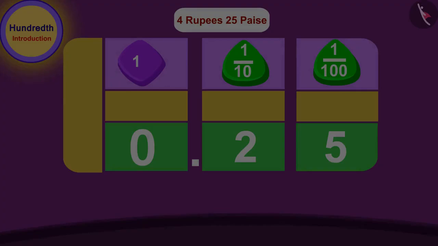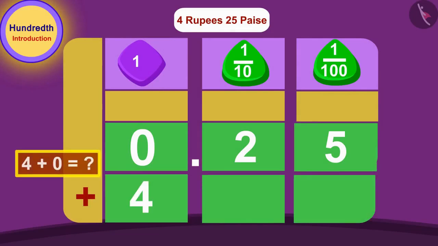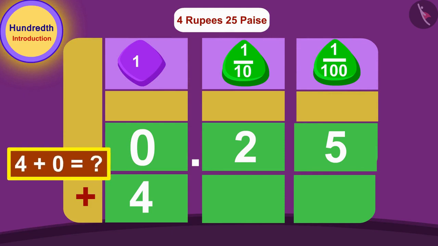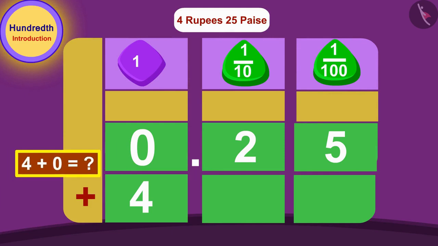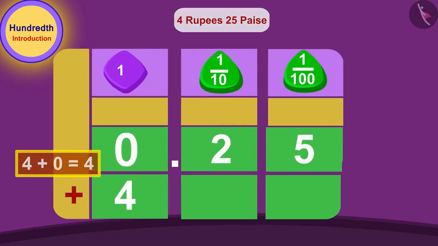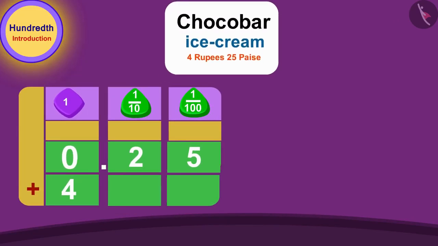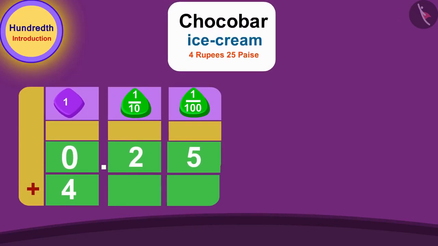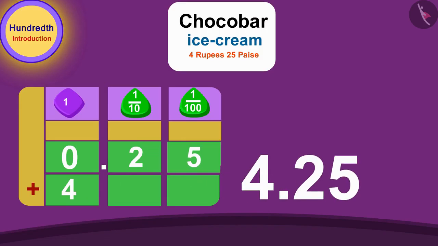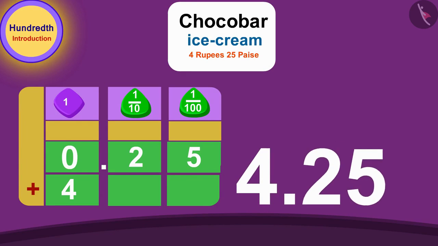Like, the number written here becomes 0.25. Now, if we add 0 to 4, what do we get? 4. In this way, we can write the new price of Chocobar ice cream as 4.25 rupees using the decimal point.